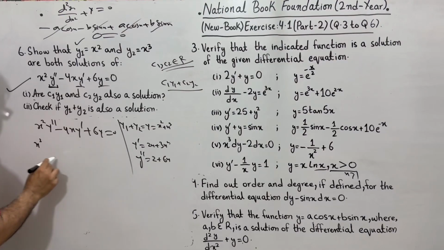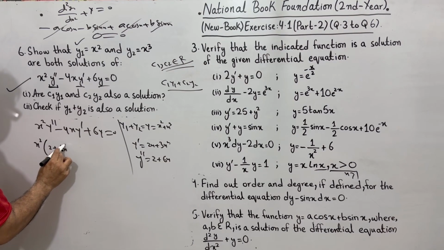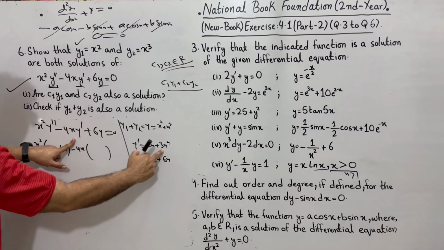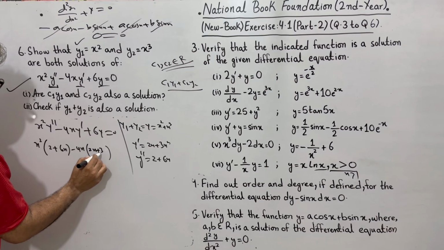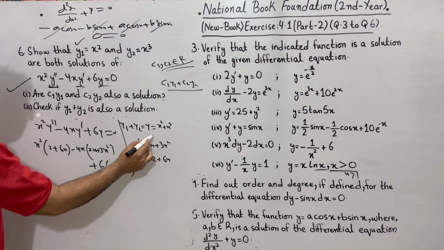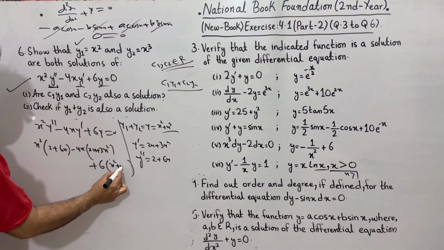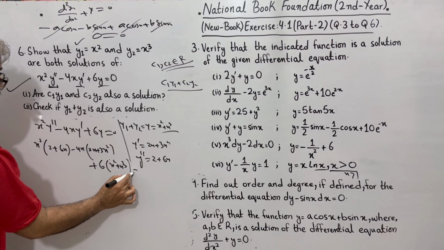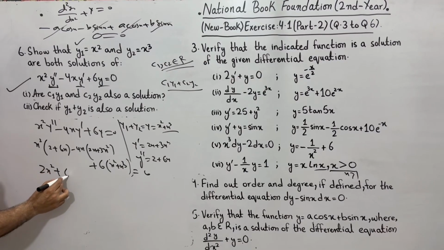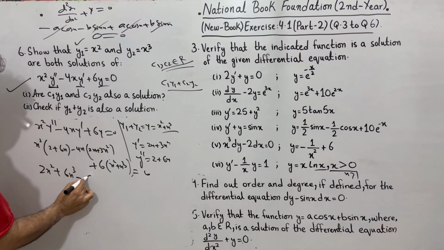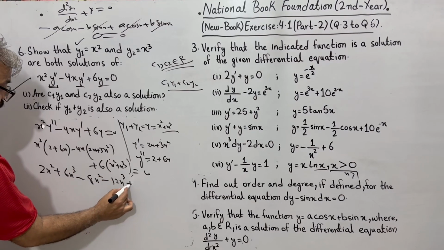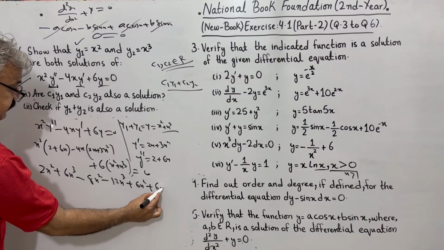x square y2 means 2 plus 6x minus 4x. y means double derivative. Single derivative means 2x plus 3x square, plus 6. y means x square plus x cube. It must be equal to 0. Multiply throughout: 2x square plus 6x cube. It will become, 4 to the 8 x square minus, plus minus 4 to the 12 x cube, here 6x square plus 6x cube.